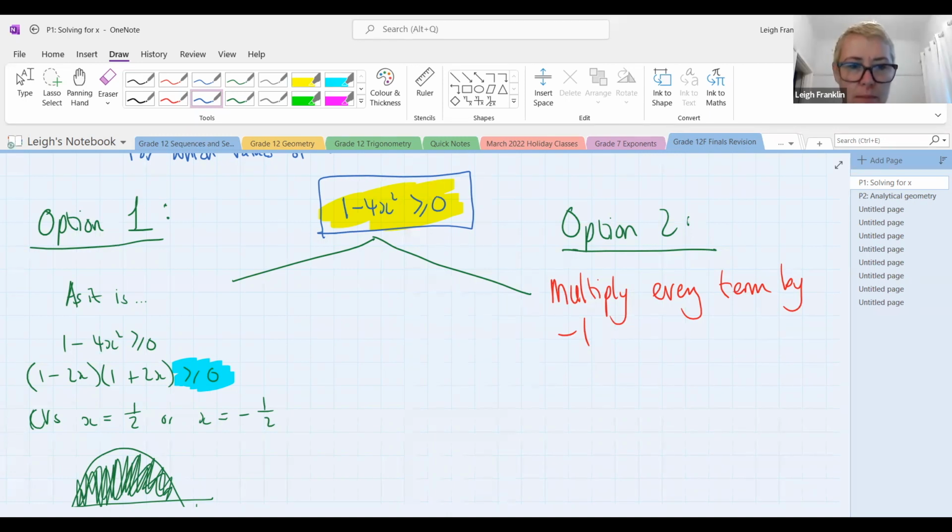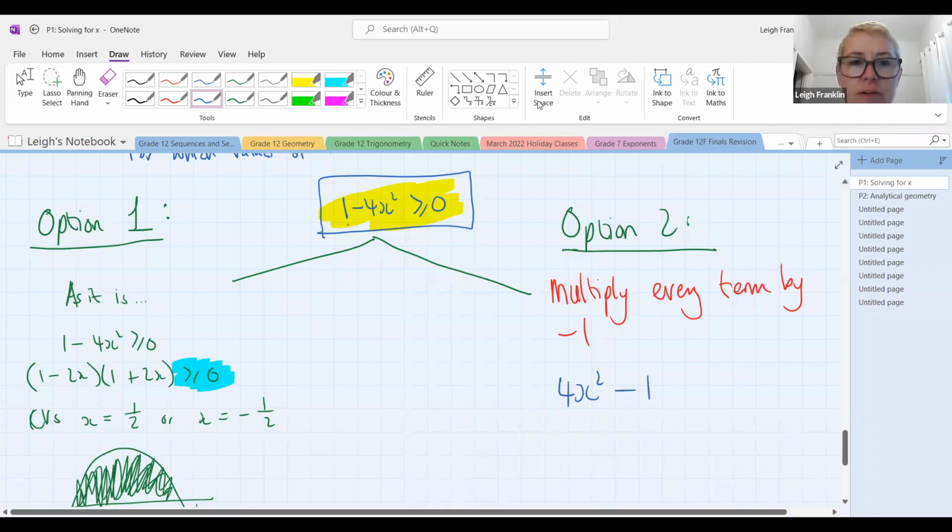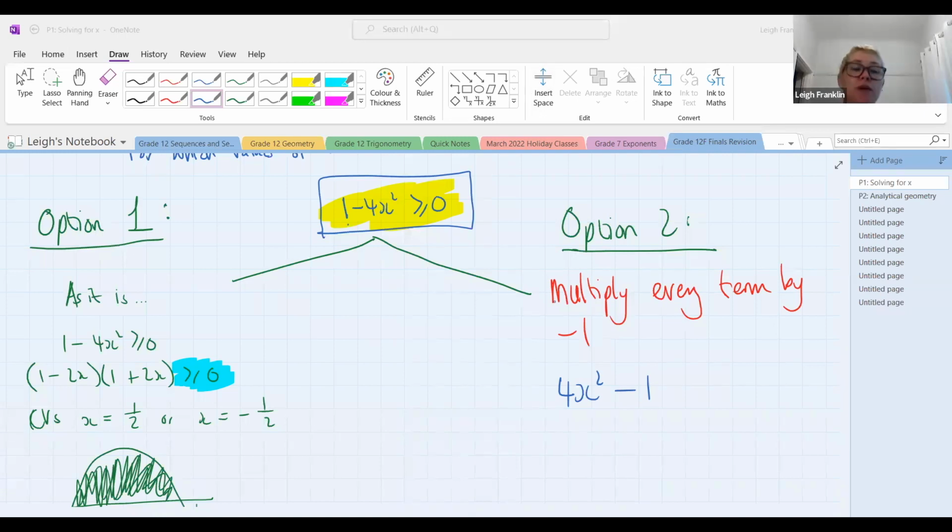So minus 4x squared is going to become positive 4x squared. Plus 1 is going to become minus 1. What's going to happen to my inequality sign? We're just considering a different way of doing this, a different way of getting to the answer.